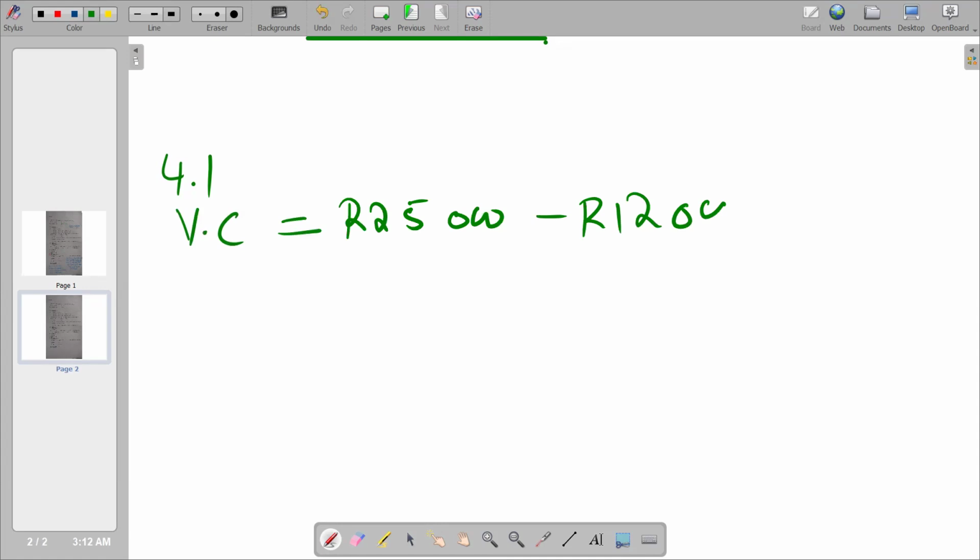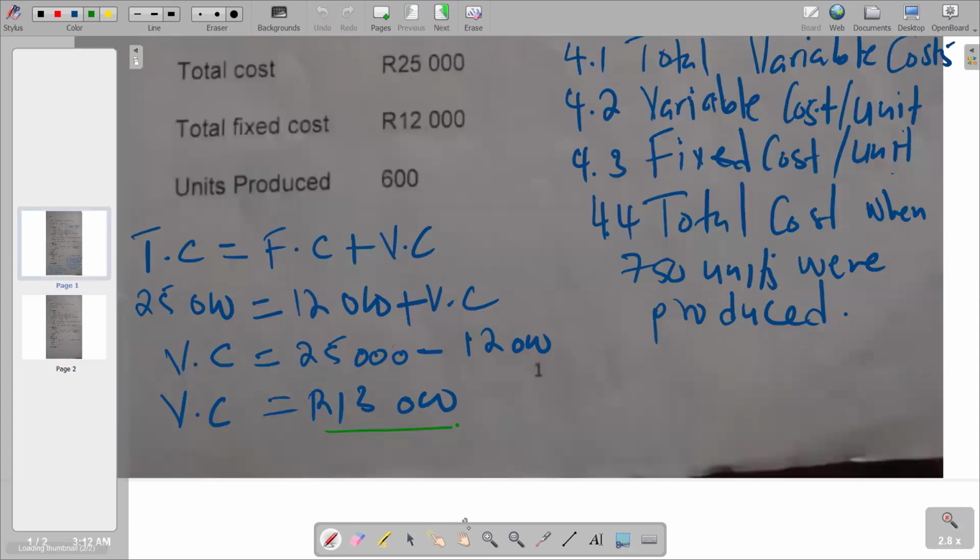It's going to give us 18,000 rands. So that's what we have on the first part there.